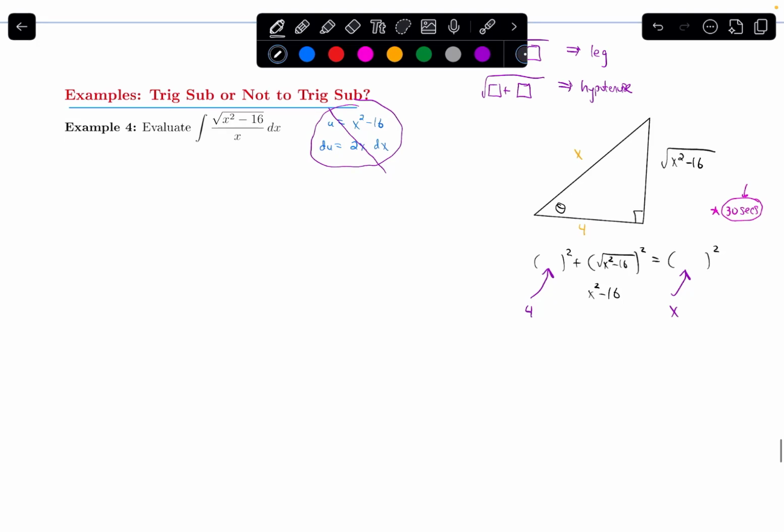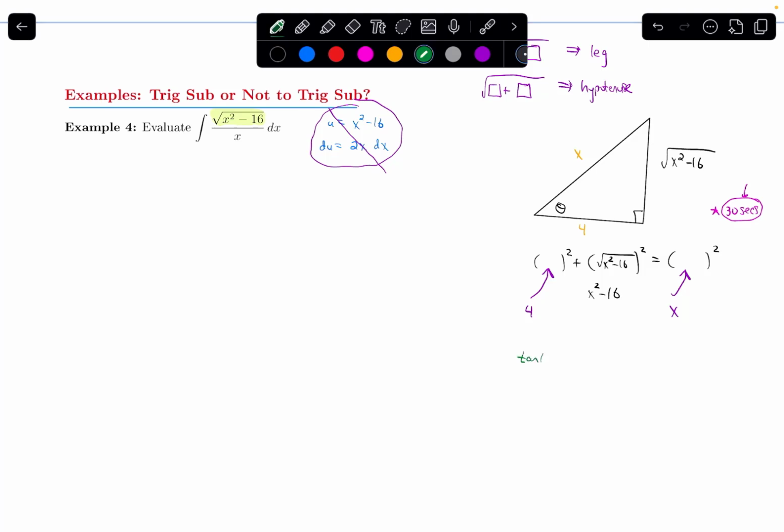And now I've got to set up some trig functions for the different pieces of my integral. So on the numerator, I see this square root term, so I'm going to need some trig function that involves that square root term. And as we've seen over the last couple of videos, we typically try to do something involving that side that we care about, and then the constant side, so the 4. So I could either do tangent or cotangent. So perhaps I'll do tangent.